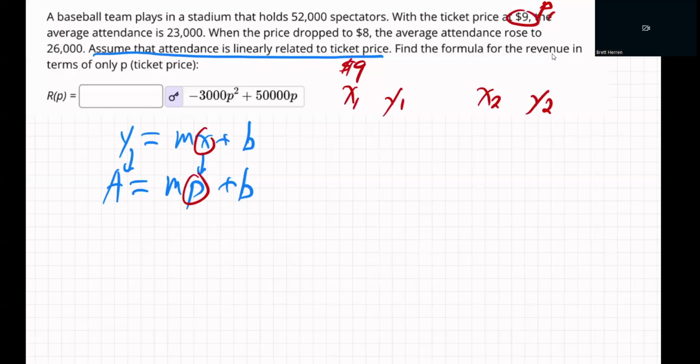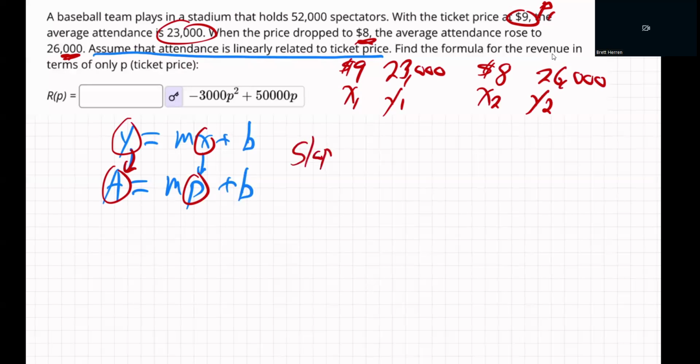That's the price. 23,000 was the attendance. Y is attendance, right? When the price goes to $8, the attendance rose to 26,000. Okay.